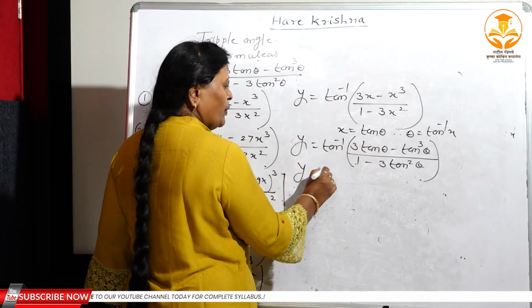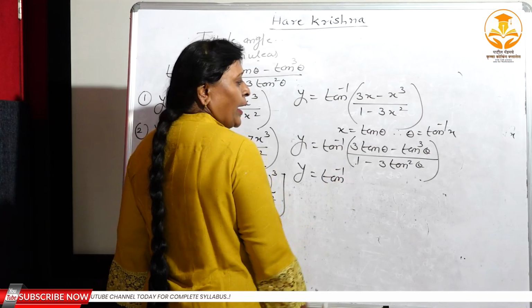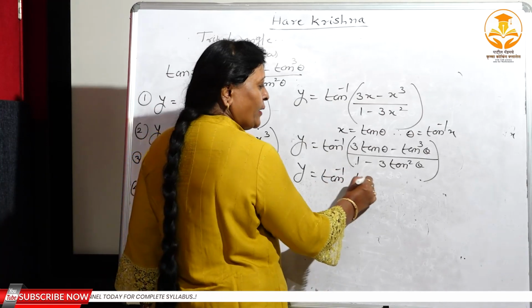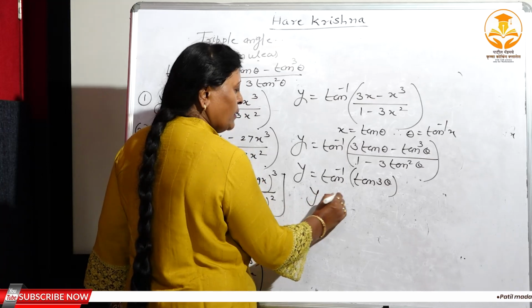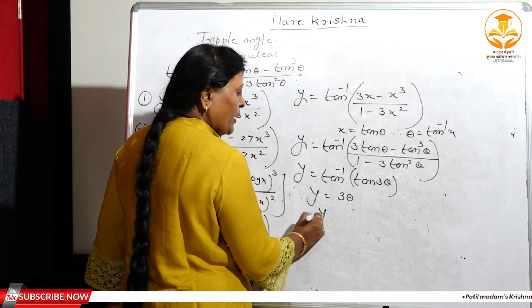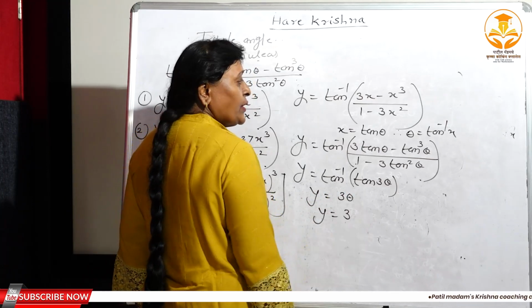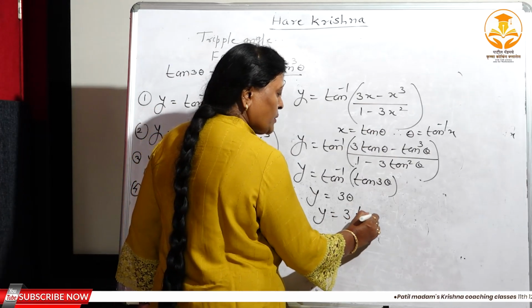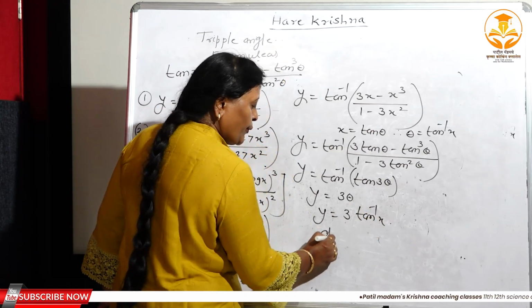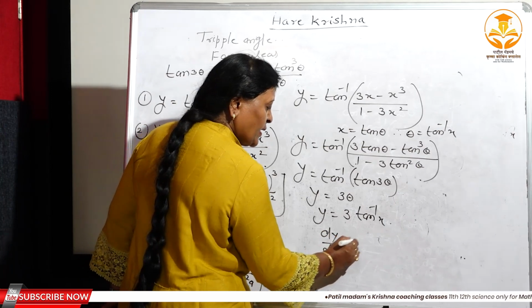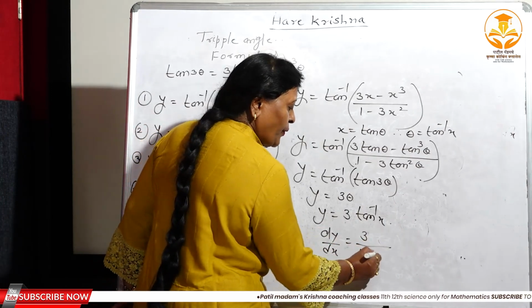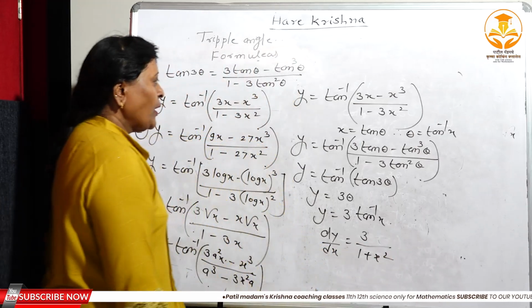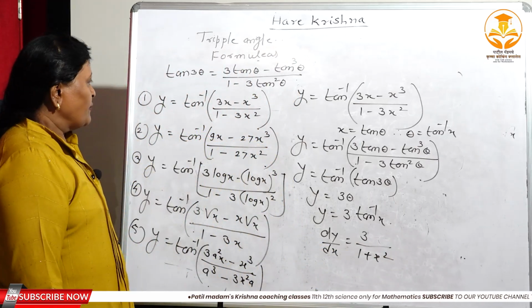Y is equal to tan inverse, again this is the formula of tan 3 theta. Tan inverse tan get cancelled. What remains? Theta. Again y is equal to 3 theta. What is theta? Tan inverse of x. Right? Therefore, dy by dx is equal to 3, remains as it is. What is the derivative of tan inverse x? 1 upon 1 plus x square. Right? So, this is about the first one.